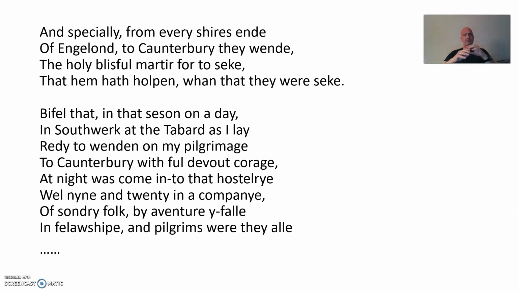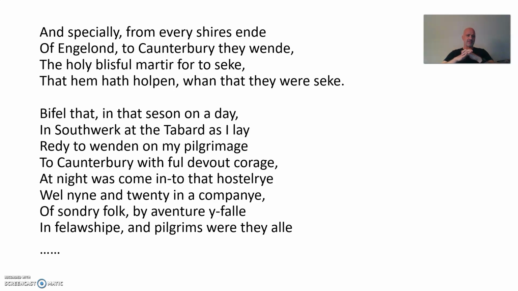Okay. It goes on here, and specially from every sheeres ende of England to Canterbury they wende the holy blusful martyr for to sake that hem hath holpen, one that they were sake.